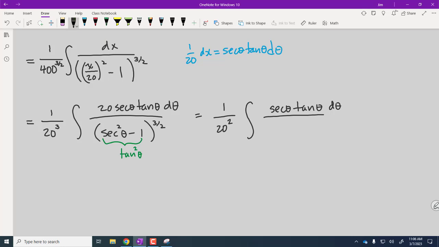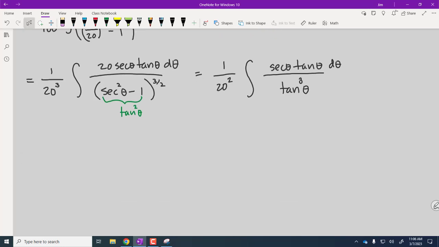Tan cubed. Power to power, you multiply. So 1 tangent will cancel. We'll be left with 1 over 400 integral, we have a secant in the numerator, and in the denominator, it looks like a tan squared. That's where we're at.